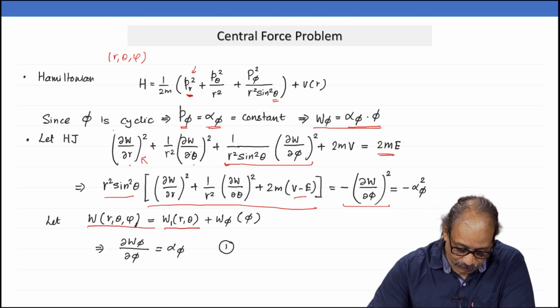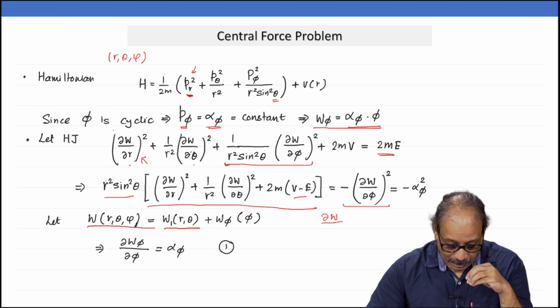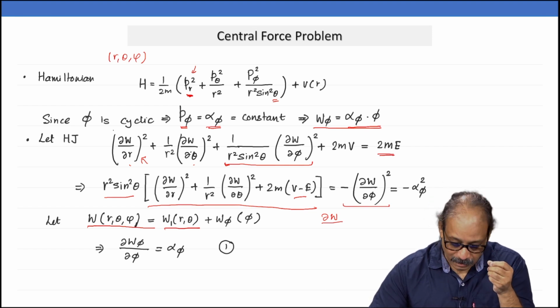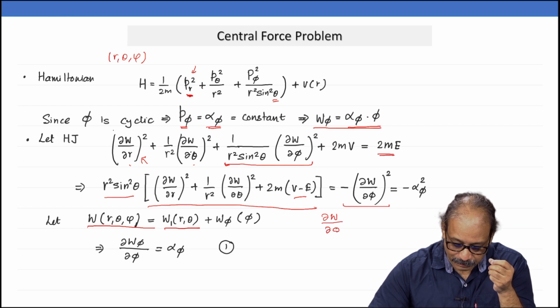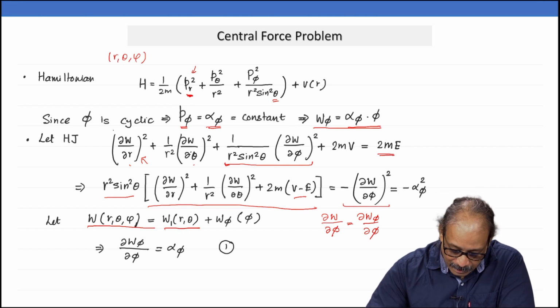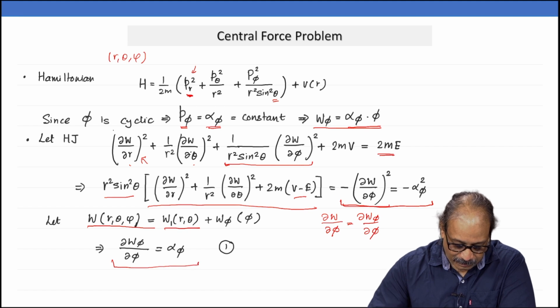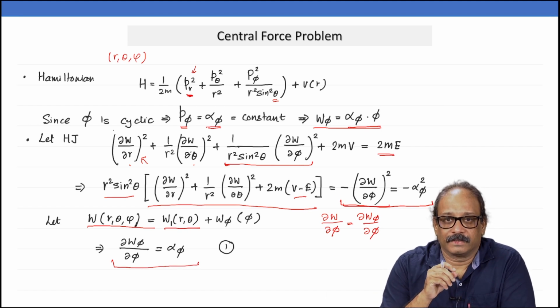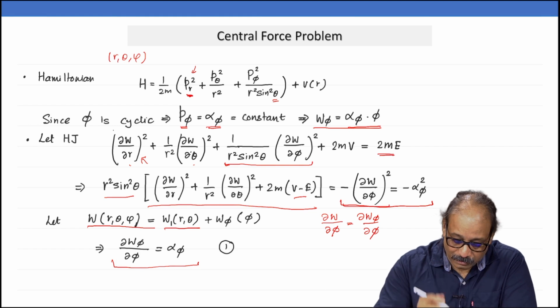And if I put this back into this equation, remember, because W phi is only a function of phi and W1 is independent of phi, when I take the derivative of W with respect to phi, it is exactly the same as the partial of W phi with respect to phi. So, what will happen to this part of the equation? This is in fact nothing but the partial derivative of W phi with respect to phi, which is equal to the constant alpha phi.